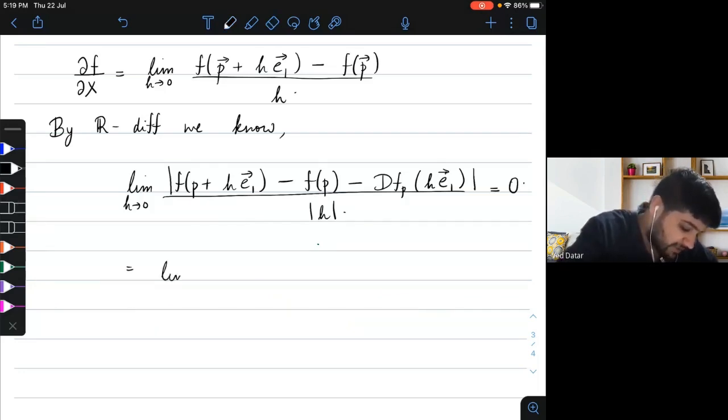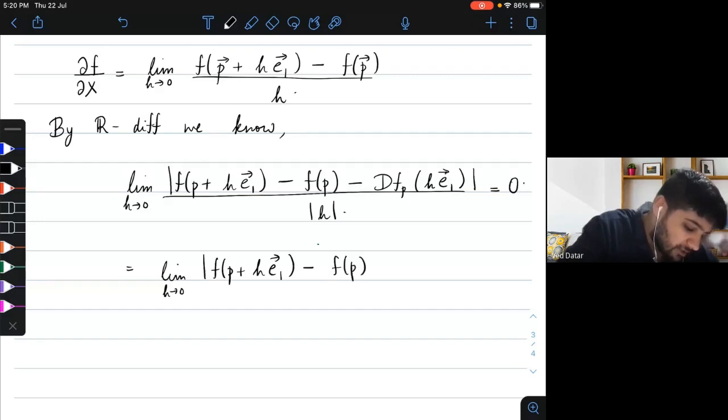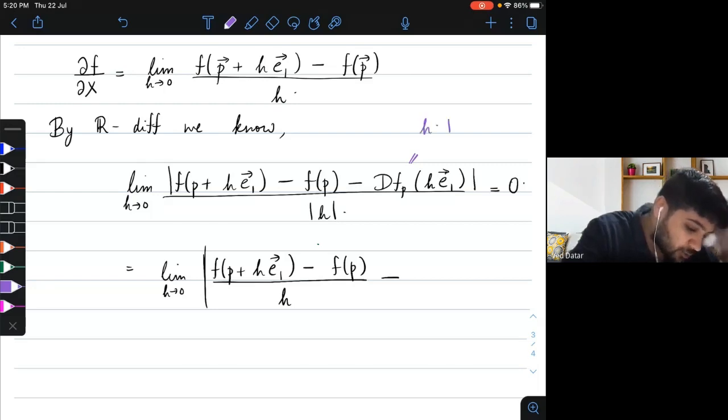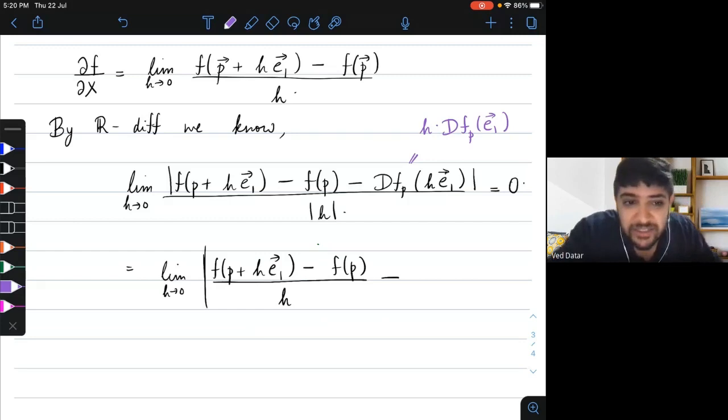This is the limit as h goes to 0, f of p plus h e1 minus f of p by h, minus, what is this equal to? This is a linear map, so this is equal to h times df p of e1. h is now a real number.